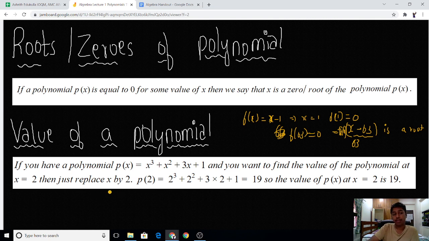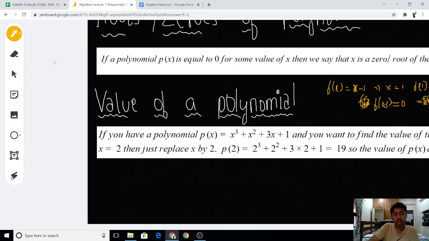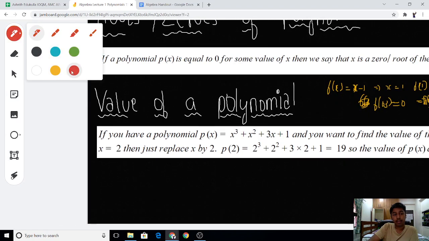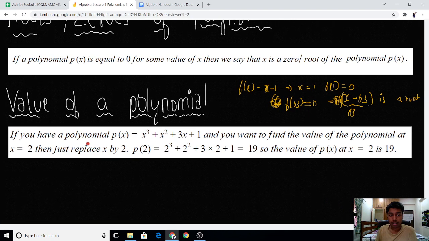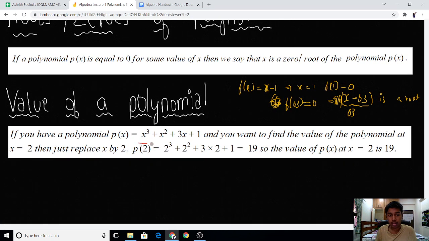And then comes the value of a polynomial. If I have a polynomial p of x such that p of x equals x cube plus x square plus 3x plus 1, and you want to find the value of the polynomial at x equals 2, then just replace x by 2. Wherever you have x, replace it by 2.